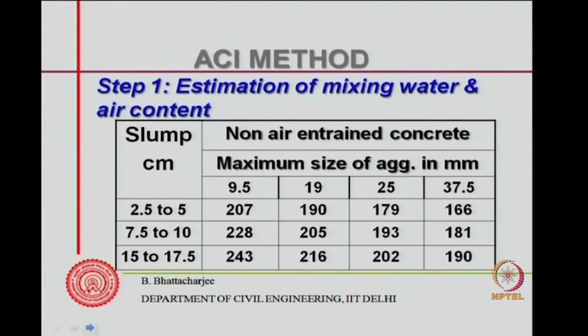One is for non-air entrained concrete, another is for air entrained concrete. For example, in this table the amount of water depends on slump. We have taken it in centimeters, corresponding to 1 inch, 2 inch. In fact, ACI 211 now gives everything in SI units as well, together with the US customary units. So slump is written in centimeters, and corresponding to the maximum size of aggregate, the amount of water for non-air entrained concrete is given.